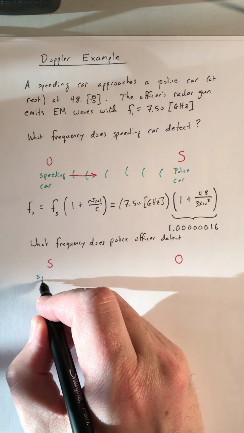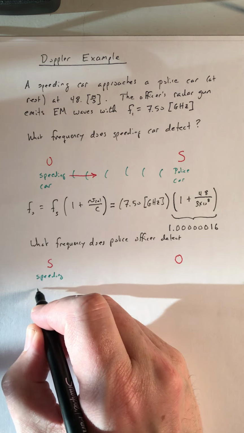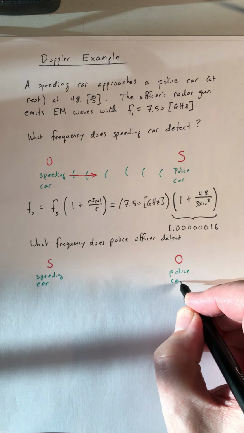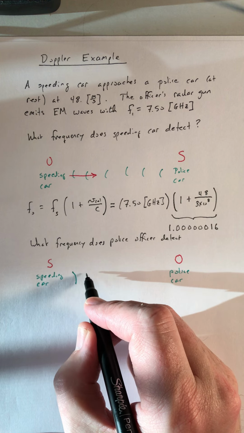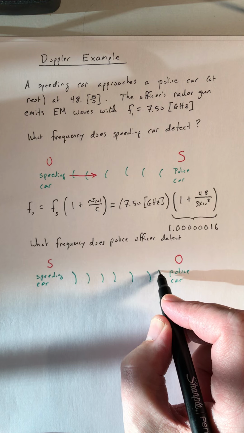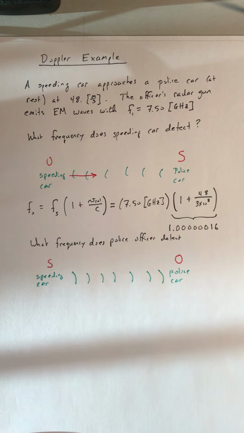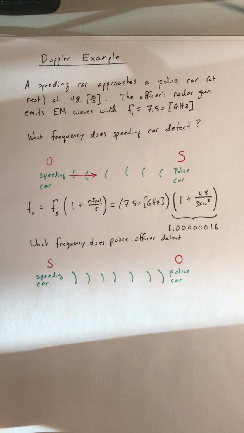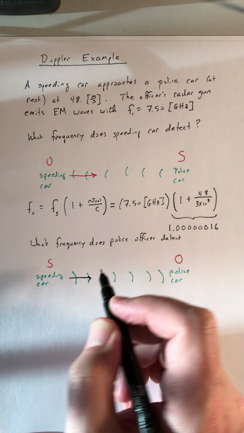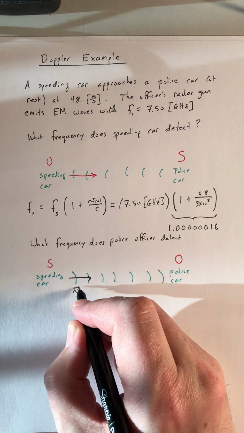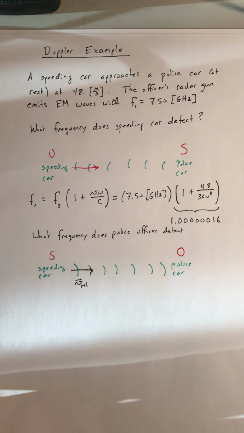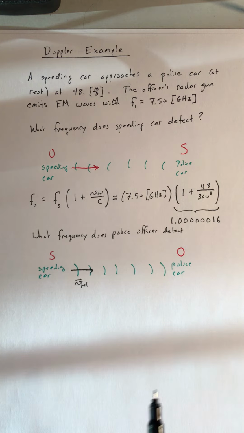We have a speeding car, and the police officer is with the police car, and we're looking at the waves reflected from the speeding car and propagating towards the police officer. And there's our velocity.